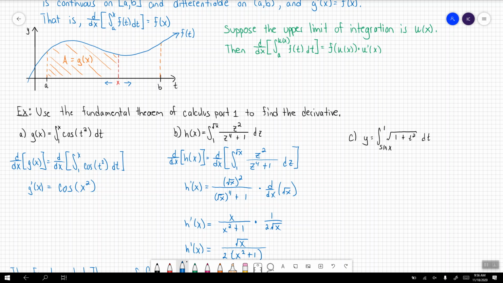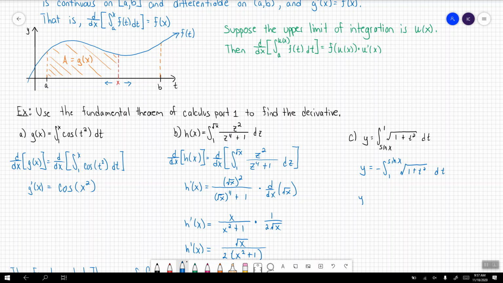What's going to happen here is that my lower bound is not a constant, so we have to account for the lower bound not being a constant. In doing so, I'm going to switch the limits of integration, meaning that my integral is going to go from 1 to sine of x, and this is going to be for my function of 1 plus t squared dt.